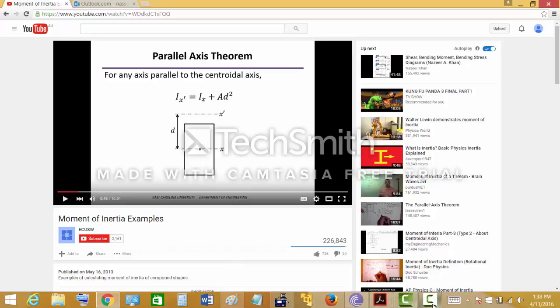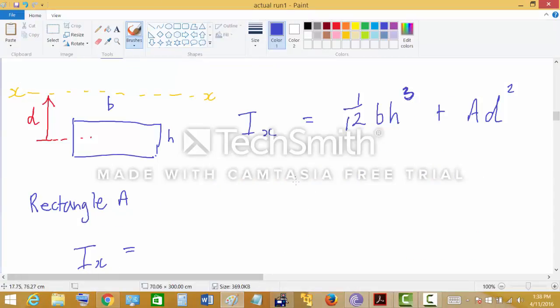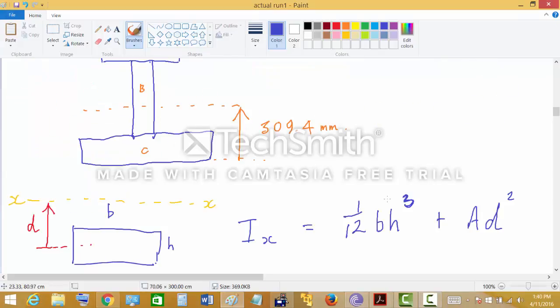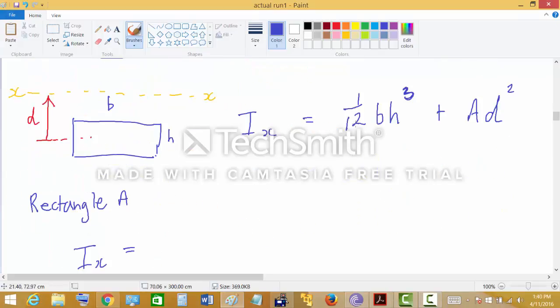Let's check that. Sorry about this. Just stop the video for a sec and we'll come back to that. Yeah, so that was right. For a rectangle, it's 1/12 BH cubed.